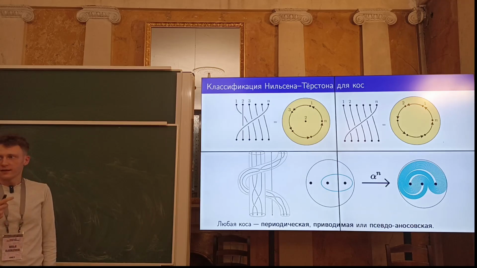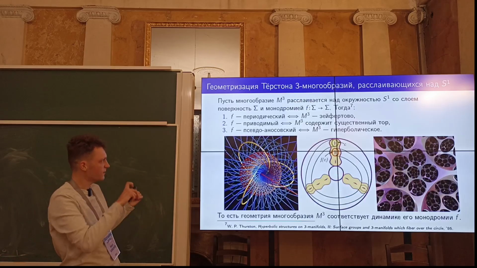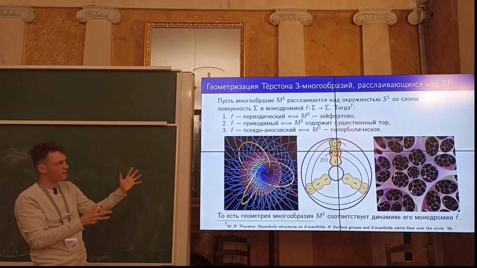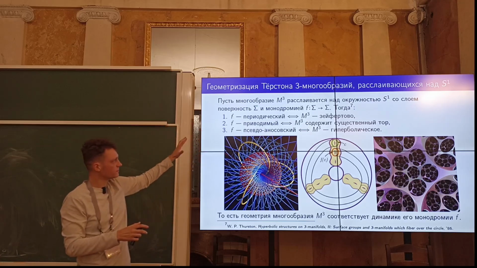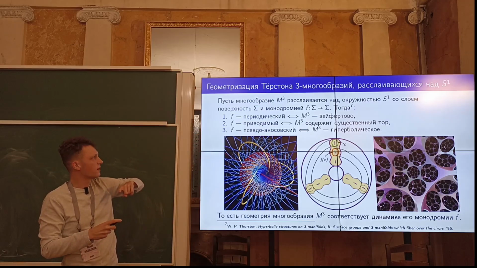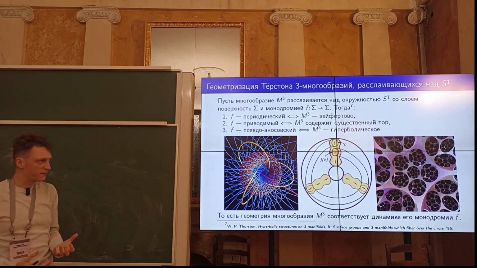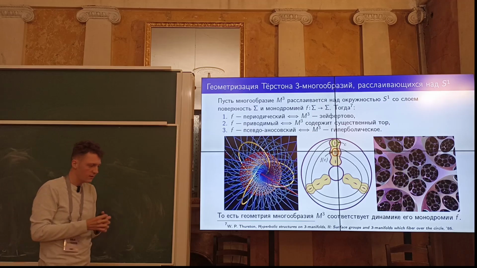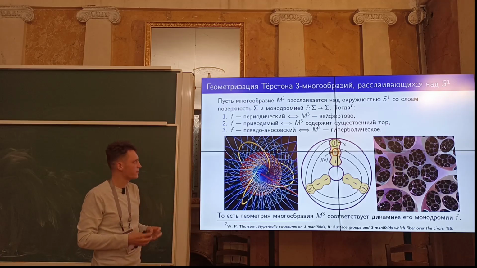So for the third type, to present the result, I need to show you the guiding star of this category. For manifolds that fiber over the circle, as is well known for three-dimensional manifolds, there is a geometrization theorem, which states that there are geometric structures on every three-manifold.